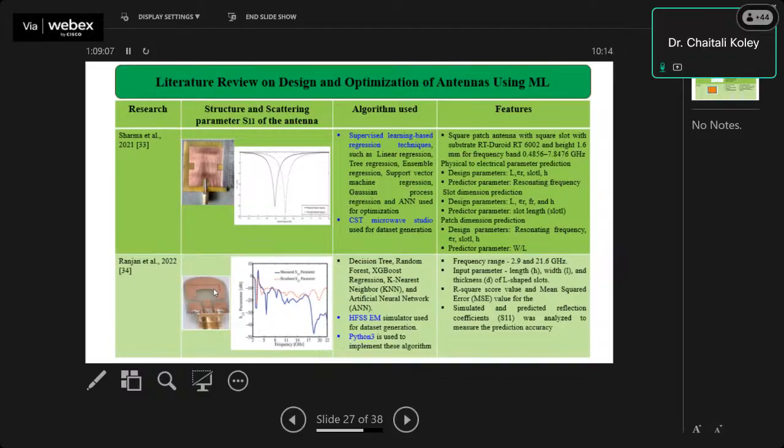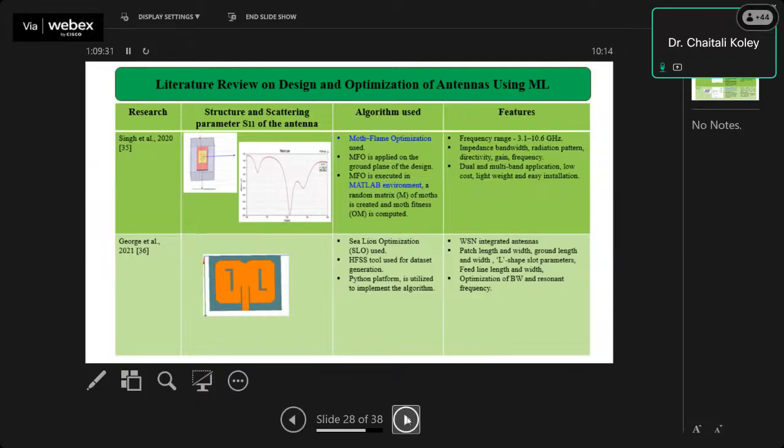They fabricated the antenna and confirmed the frequency range lies between 2.9 and 21.6 gigahertz. It's a huge bandwidth.